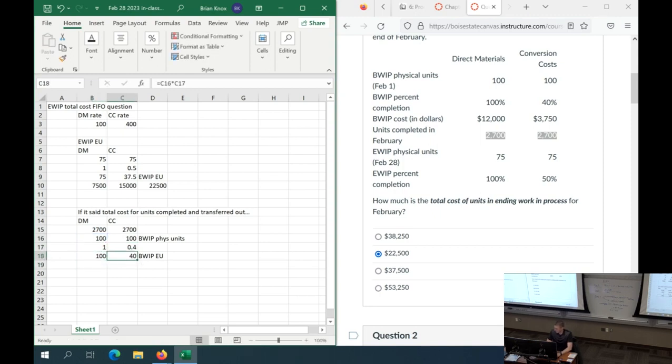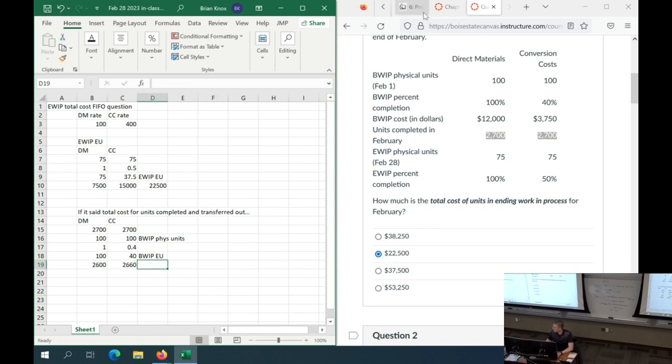So converting that into equivalent units, that means we have 100 equivalent units in beginning WIP with respect to direct materials and 40 equivalent units with respect to conversion costs. So our units completed minus beginning WIP equivalent units is 2,600 for direct materials and 2,660 for conversion costs.